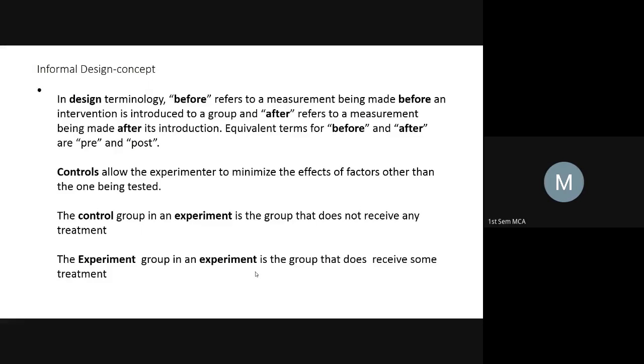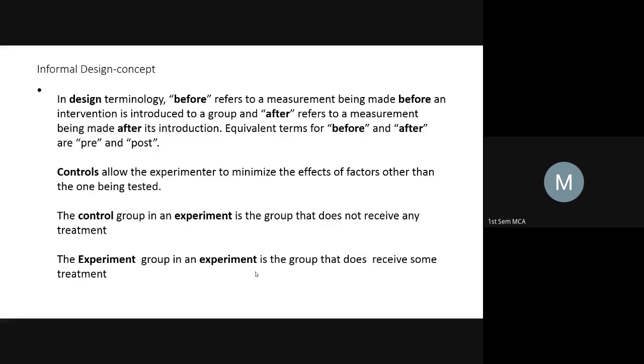Next is controls. The word control. So you have a control, you have a control group, you have a control design. Control allows the experimenter, the experimenter is nothing but the researcher, to minimize the effect of factors other than the one being tested.